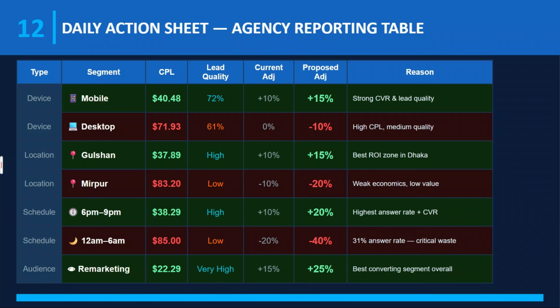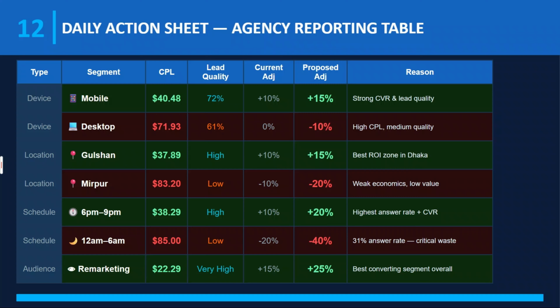Mobile device CPL, cost per lead, $40, quality strong. Current adjustment is plus 10%. We are proposing to go up to plus 15%. Desktop CPL $71, quality medium, currently zero adjustment.